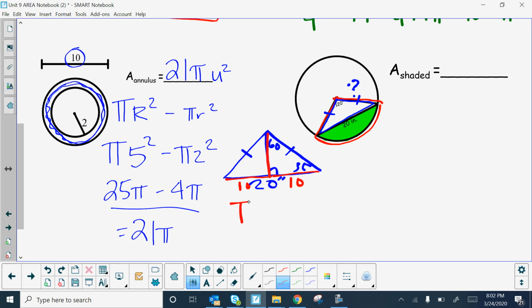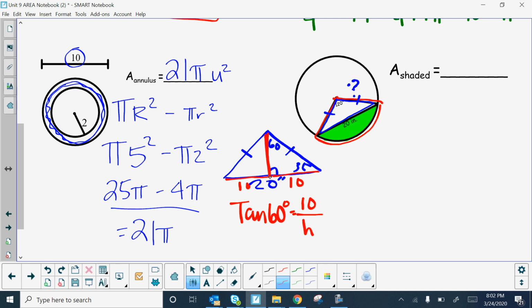So I can do tangent of 60 degrees equals 10 over h, because h is my height of the triangle. It'll be a decimal, and that's okay. Let me do the trig real quick because I haven't done this yet.